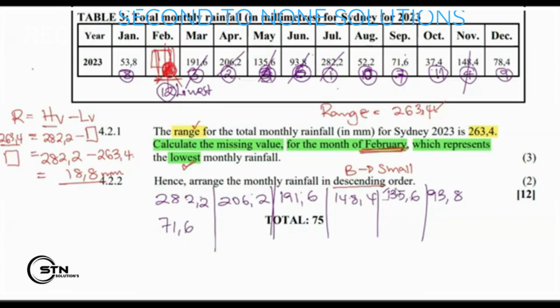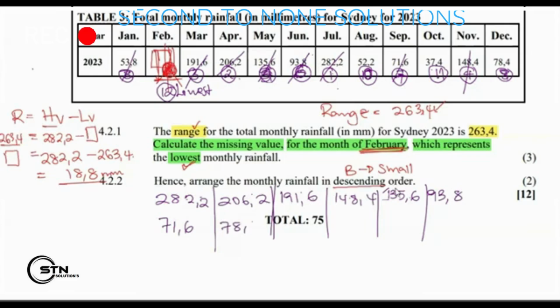Then look for 8, 53.8, or a 9. This is the 8, sorry. 78, comma.